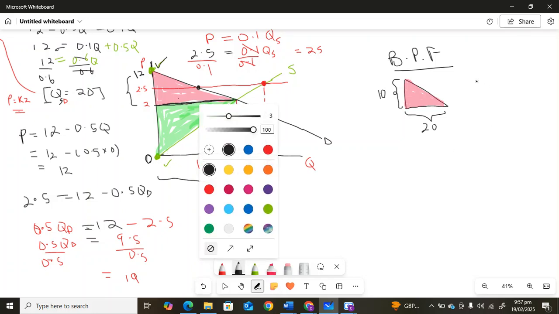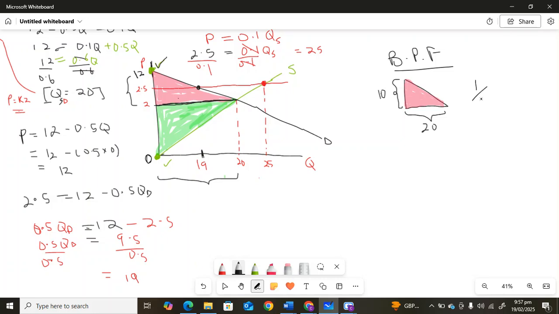So area of a triangle is half B times H. So half times 20 times 10. Half of 20 is 10, 10 times 10, 100 kwacha.